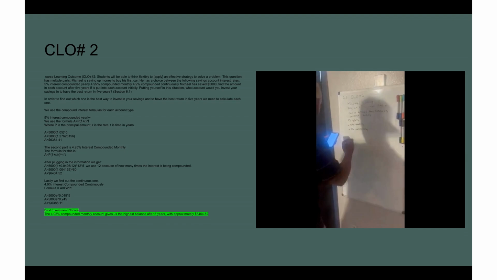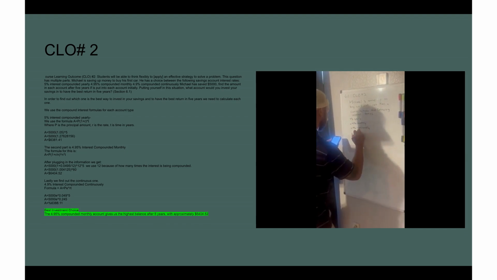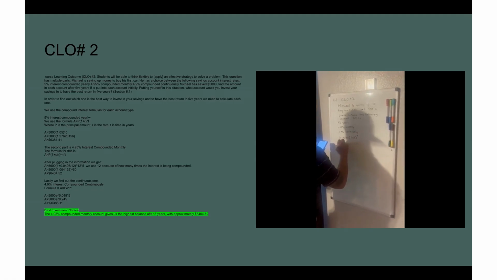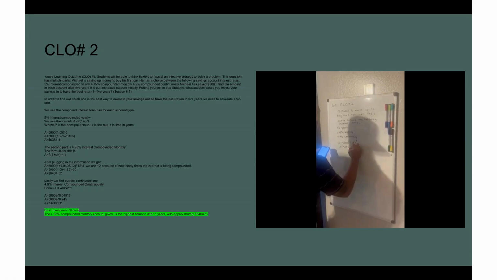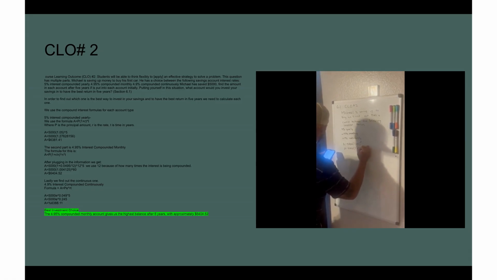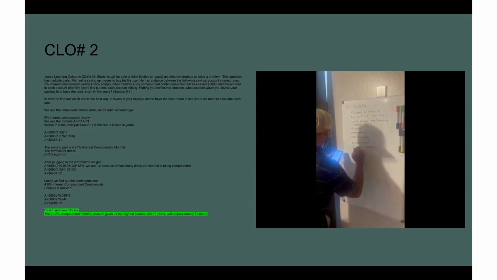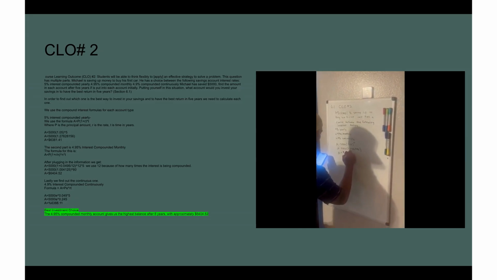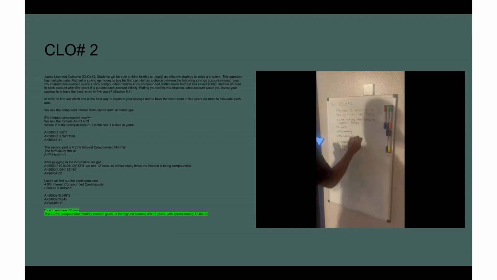For yearly, we're going to do A equals 5,000 times 1.05 to the fifth, and that equals 6,381.41. So that's yearly.